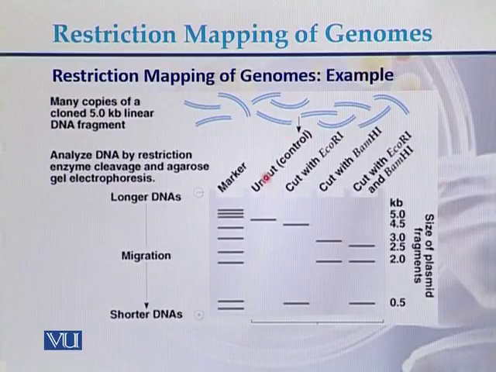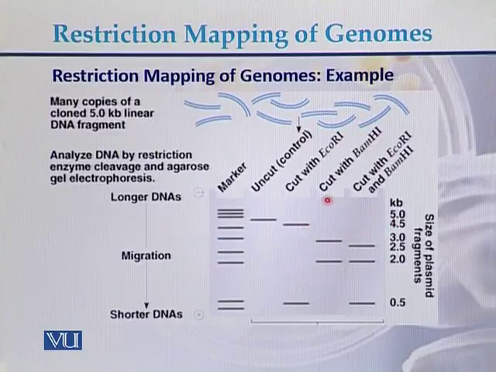When we run this uncut DNA, we see a single fragment of 5 kb. And when we digest the same DNA with the restriction enzyme EcoR1, it produces two different bands. One band is 0.5 kb and the second band is 4.5 kb.